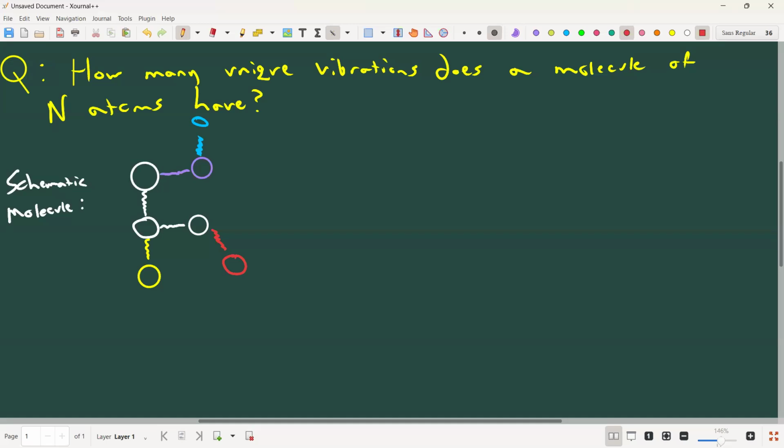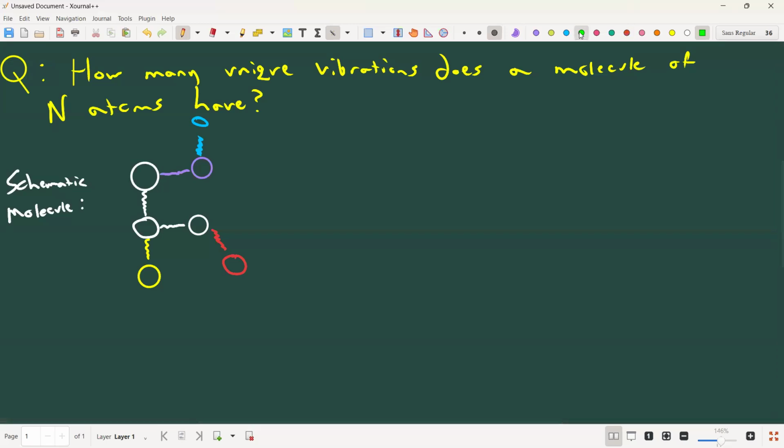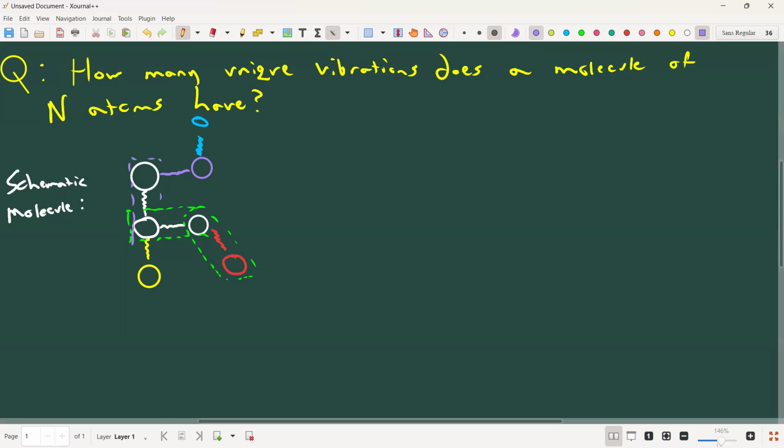So one thing that we could certainly do is say, what if I split the molecule up like this? What if I say I've got a harmonic oscillator here, and then I've got one here. I just identify all my pairs of atoms, my little diatomics, and so on and so forth.